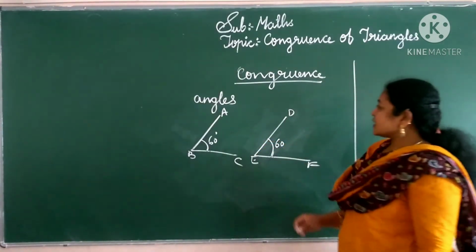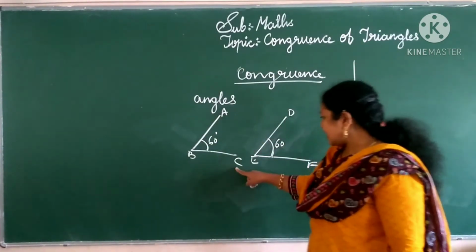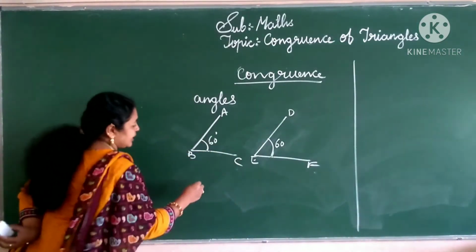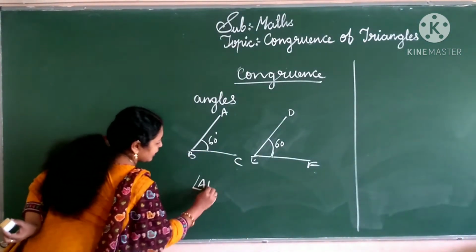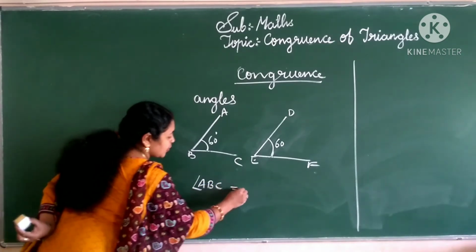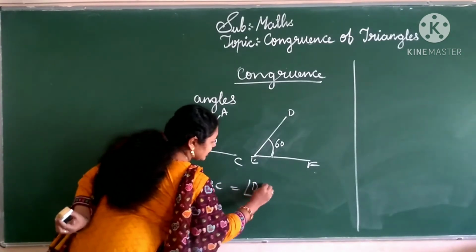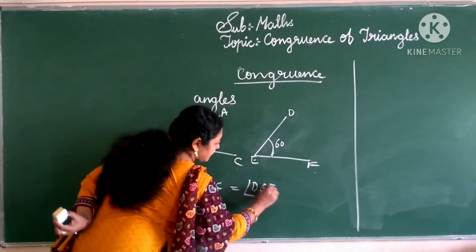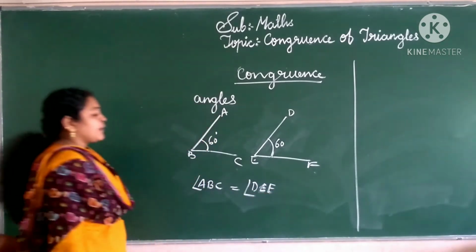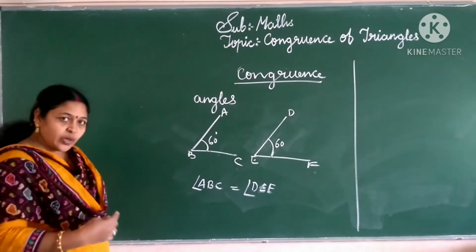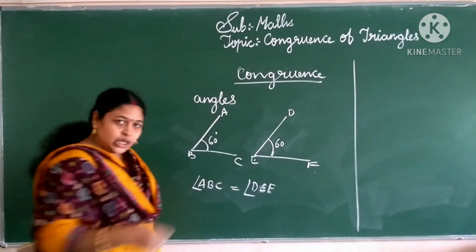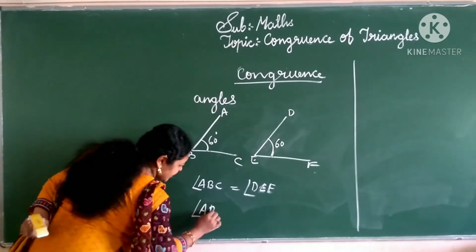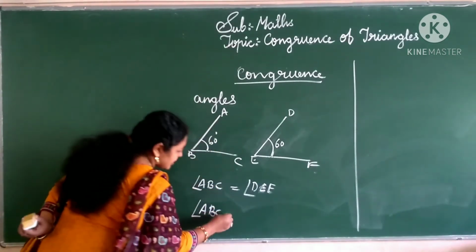Now look at this figure: angle ABC and angle DEF are both 60 degrees. Therefore, angle ABC is equal to angle DEF. When two angles are equal, they are obviously congruent because they have the same size, isn't it?